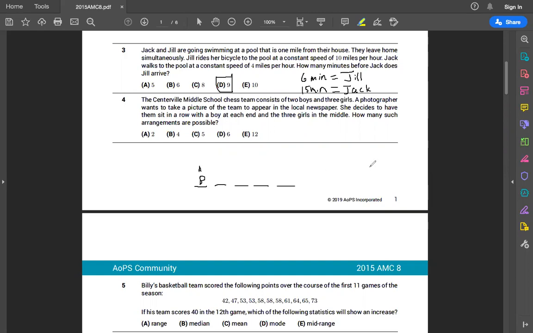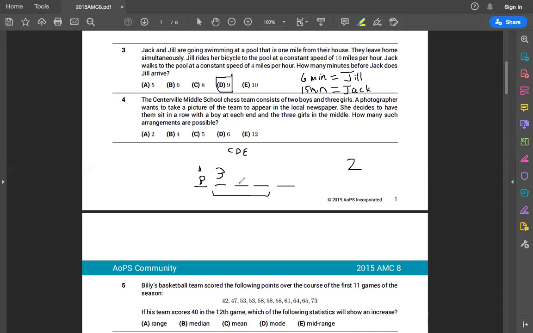So that's 2 possibilities. Now for the middle 3 spots, we have to put the 3 girls, which we'll say are C, D, and E. Not very good, D. Alright. So we have 3 possibilities for which girl can go in this second slot. It could be C, D, or E. So there are basically 3 choices.